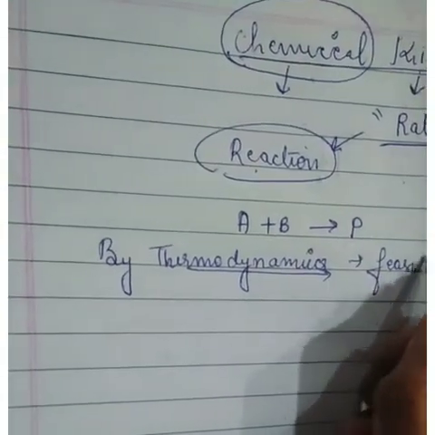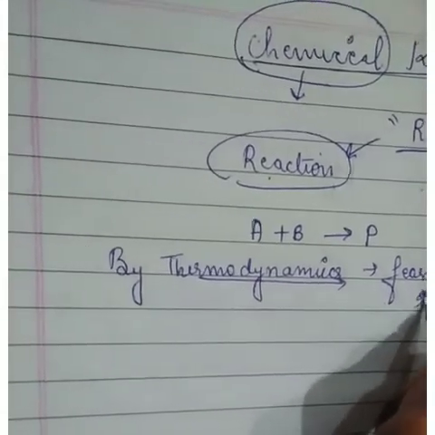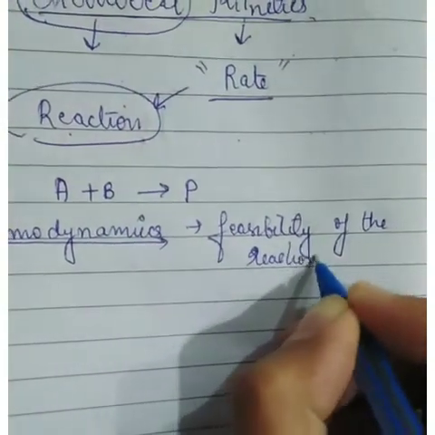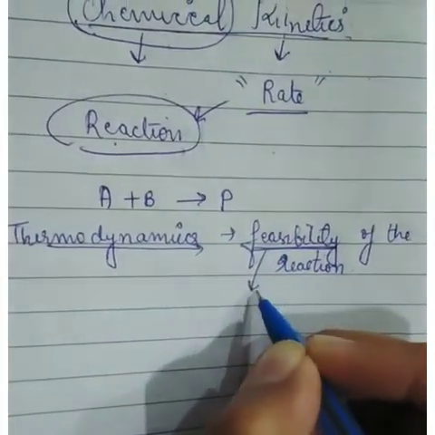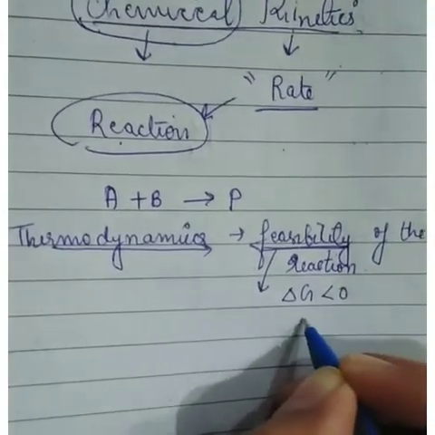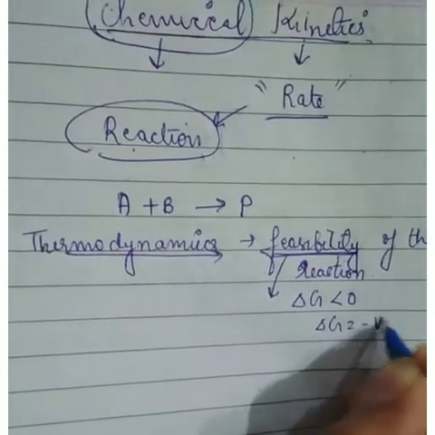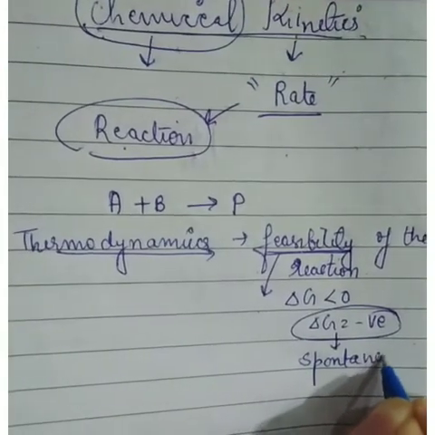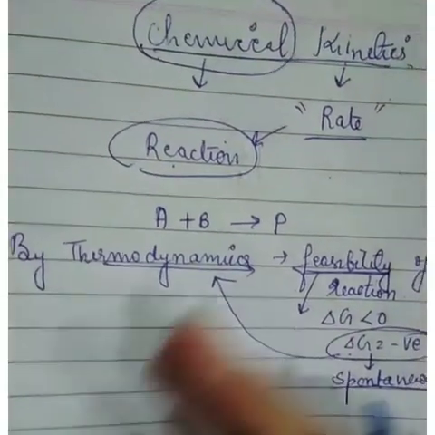Feasibility means whether this reaction is going to happen or not. If delta G is less than 0, that is, delta G is negative, it means this reaction is spontaneous.